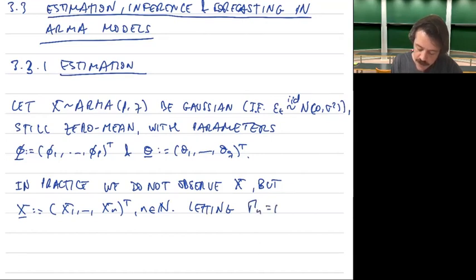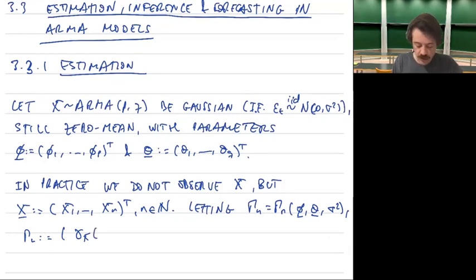Letting gamma n, which is a function of the parameters that I was introducing before, these guys and this guy as well, be defined as the following matrix.